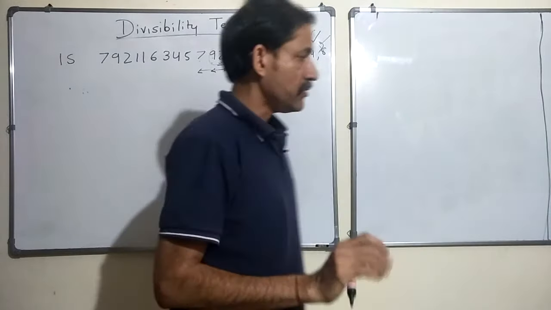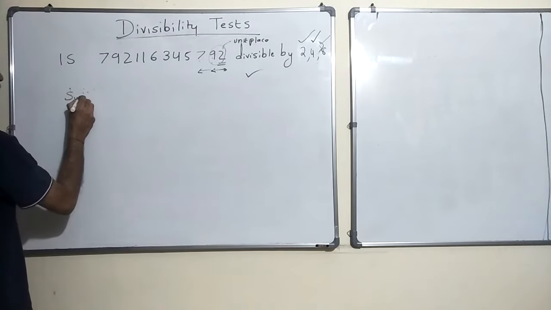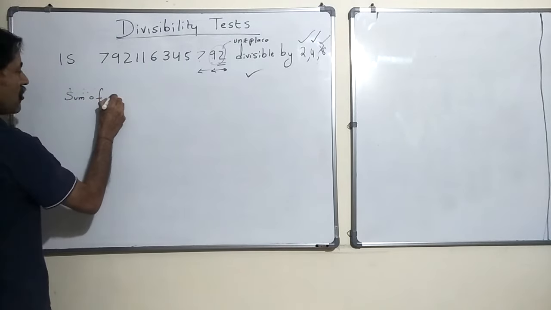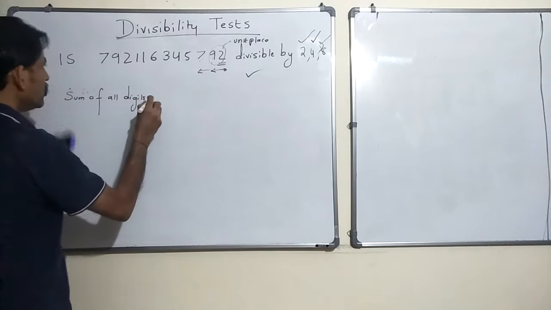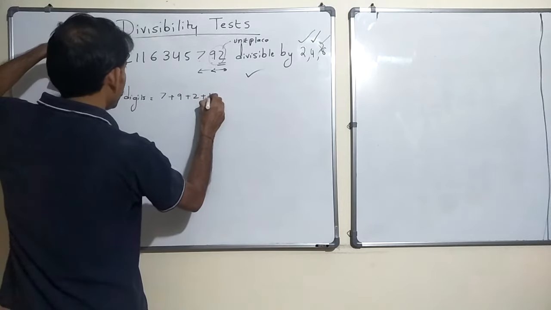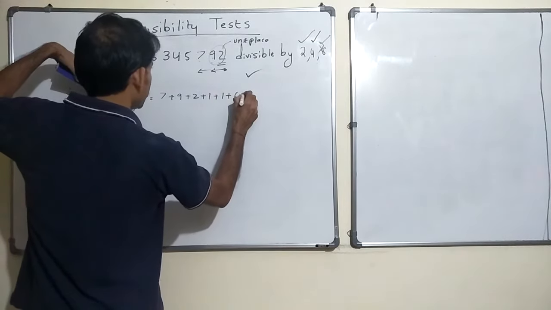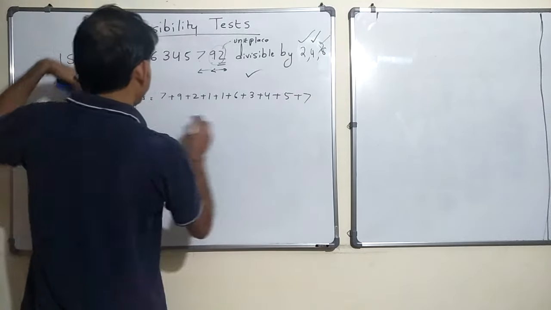If you have not got it, you will come to know now. Sum of all digits is equal to, let's add them up, 7 plus 9 plus 2 plus 1 plus 1 plus 6 plus 3 plus 4 plus 5 plus 7.